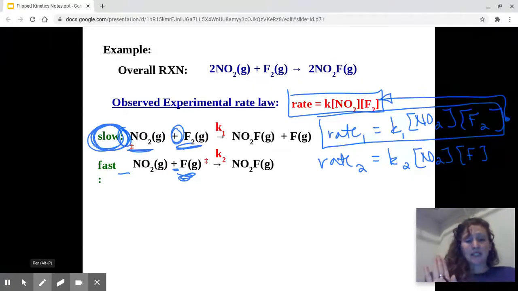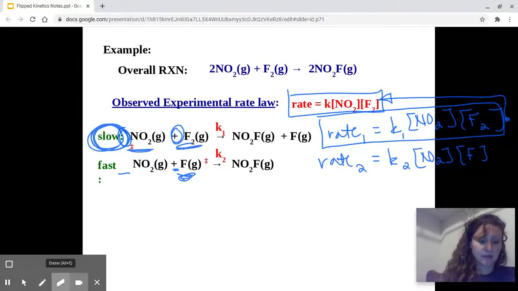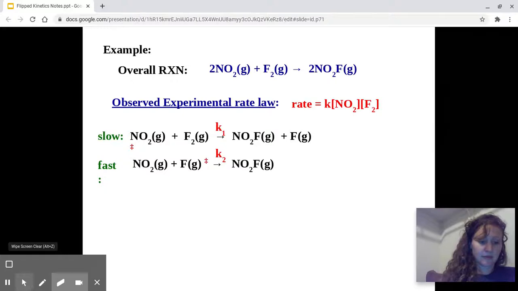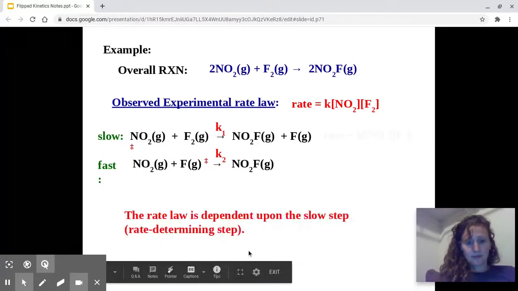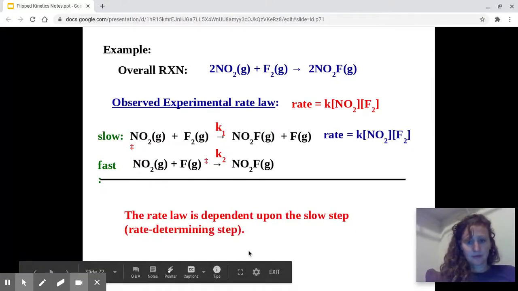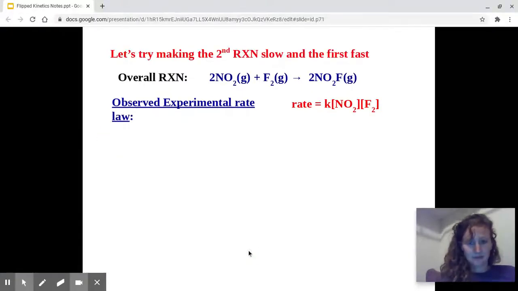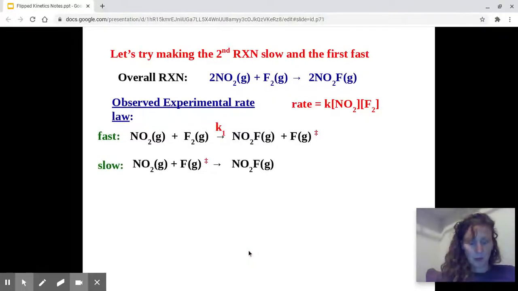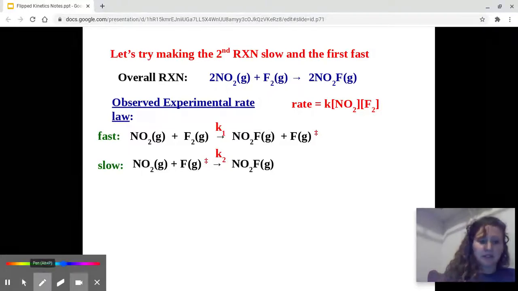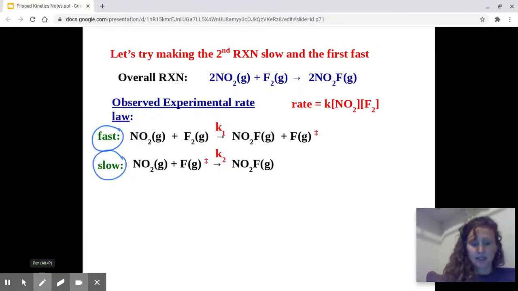Okay, before we get to that detail of getting that intermediate out, let's flip this and see what happens. Okay, so same idea, but now we flipped it, where this is the fast step and this is the slow step.